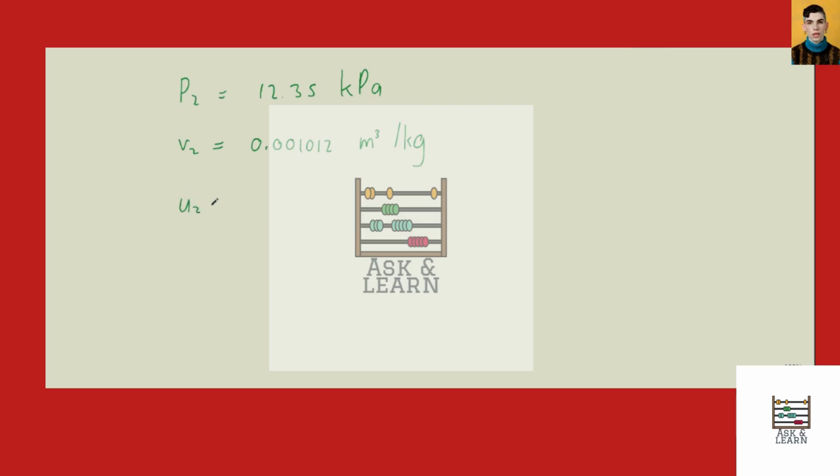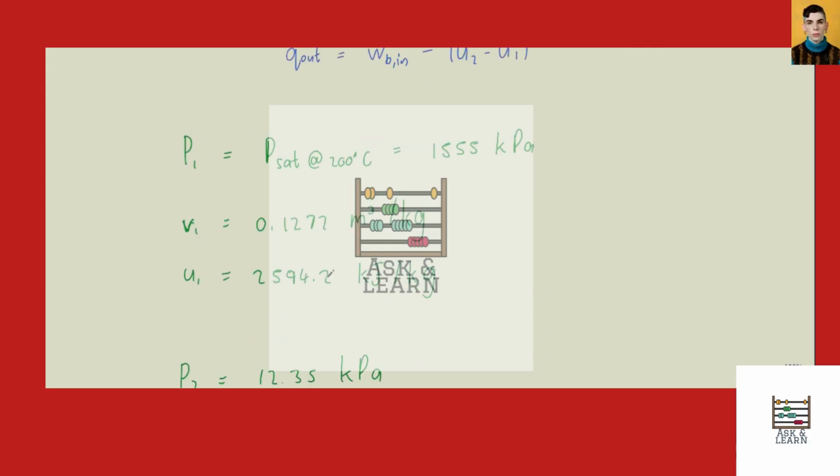The internal energy of state 2 is uf at 50 degrees Celsius, which is 209.33 kilojoules per kg. So from our tables, we found our properties of the initial and final states.